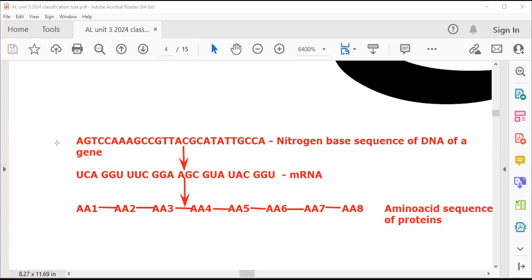Protein. Remember, if the amino acid sequence changes, the biological function of the protein will change. Understood?